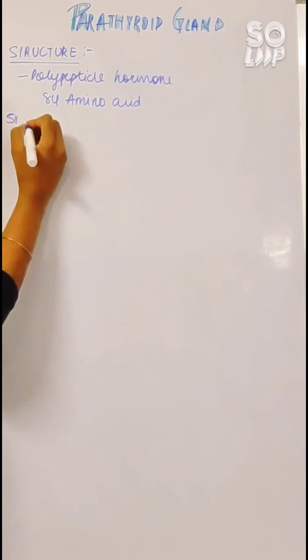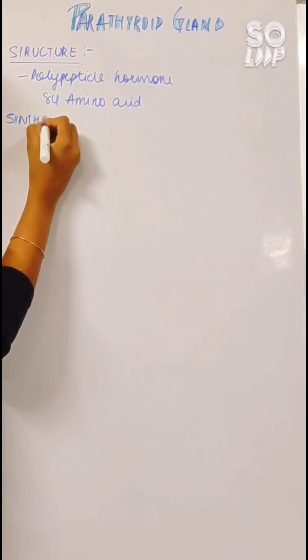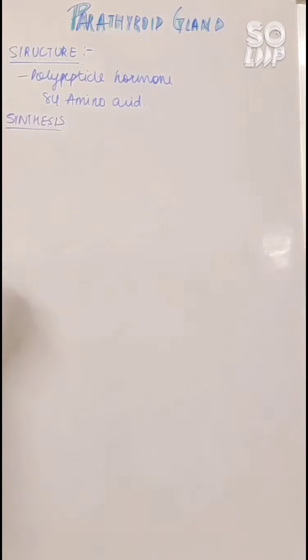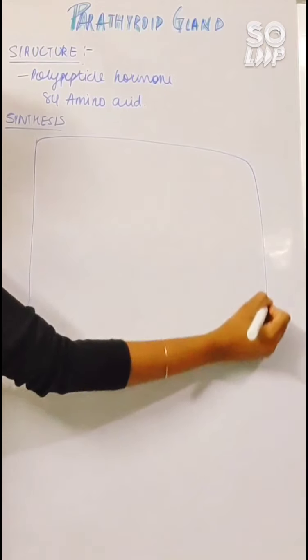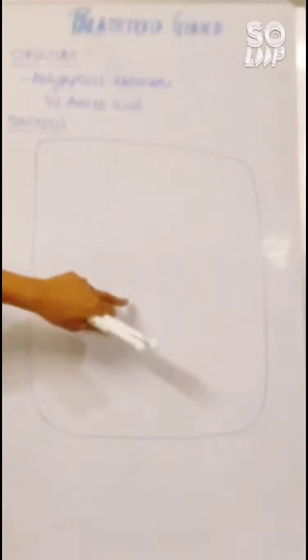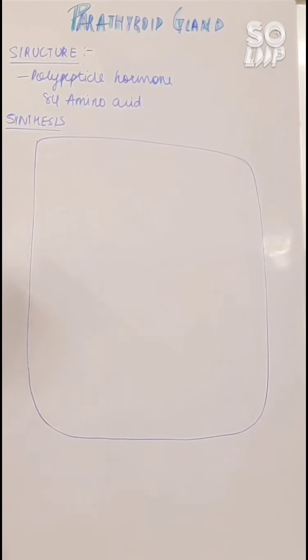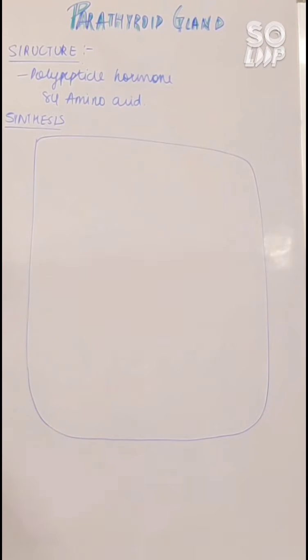Now, synthesis. How is it synthesized in the body? Consider this as a cell, a parathyroid cell. Let's take this particularly to be the chief cell, as we already discussed chief cells and oxyphil cells. I'm not going to discuss the oxyphil cells because it is very rare that they secrete PTH.